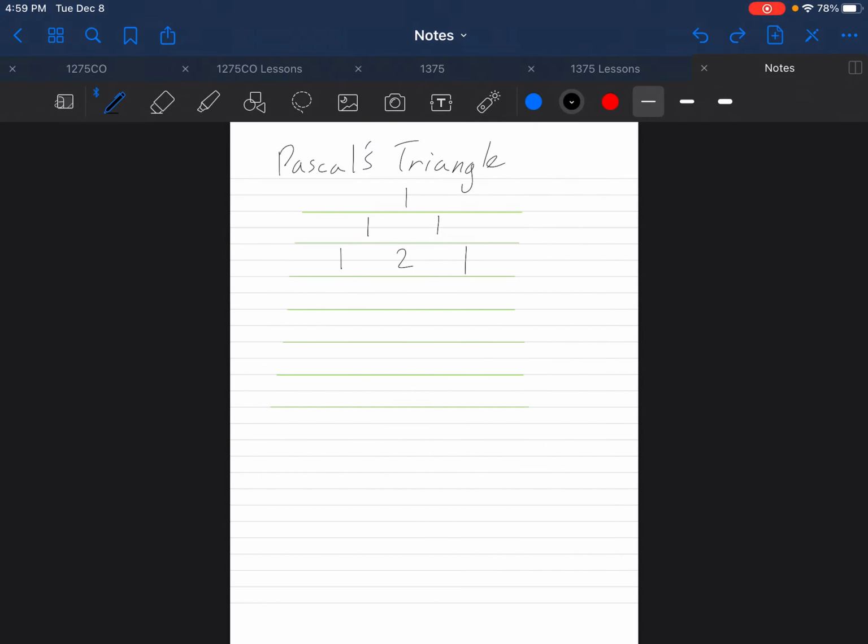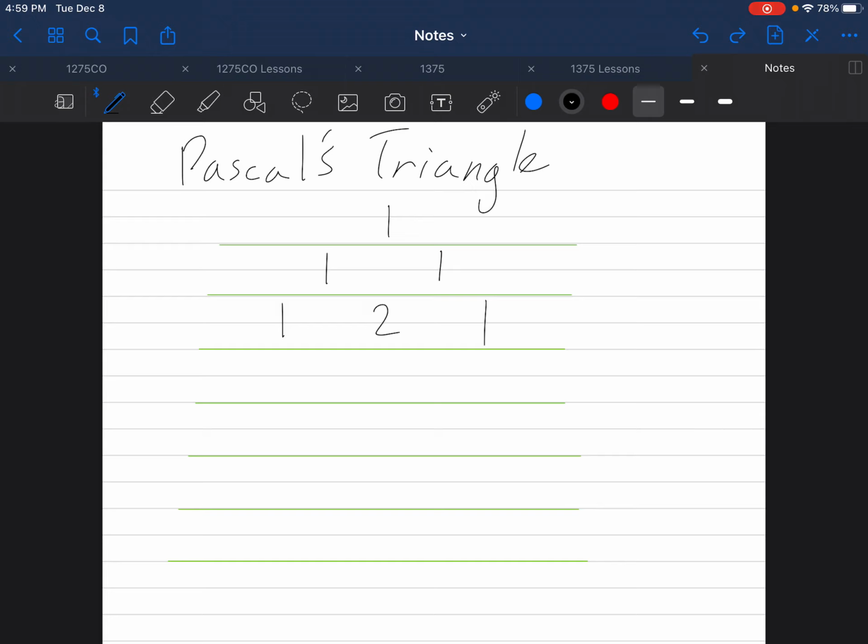Now, Pascal's triangle is a fun little thing made with numbers. One thing about Pascal's triangle is the top is called row 0. Underneath it, row 1, row 2. In order to get to the next row underneath, in order to populate row 2, we are essentially adding the two numbers that are above it diagonally.